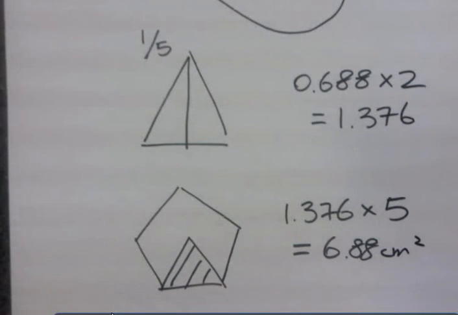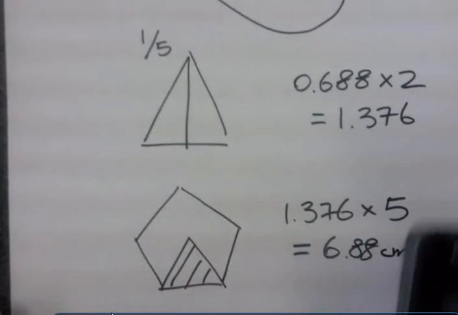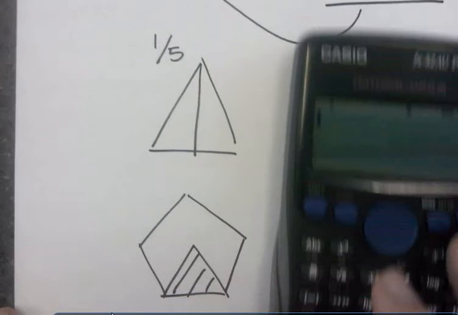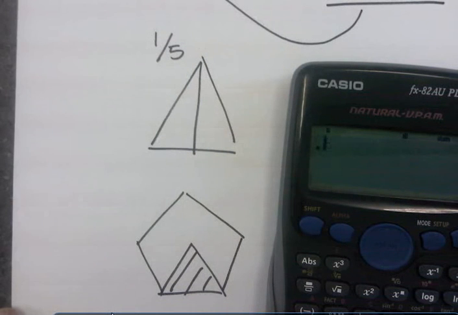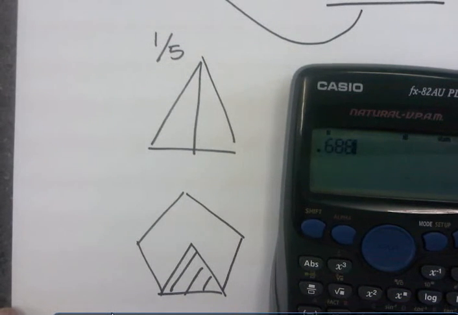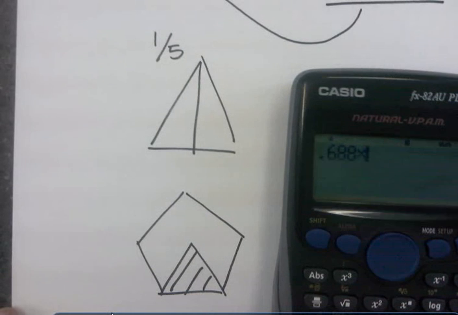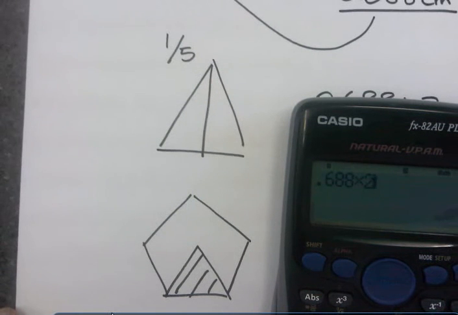So you've got 0.688 times 2 times 5, which gets you 6.88 centimeters squared, and that's the way that you could work out the area of a pentagon. Cool.